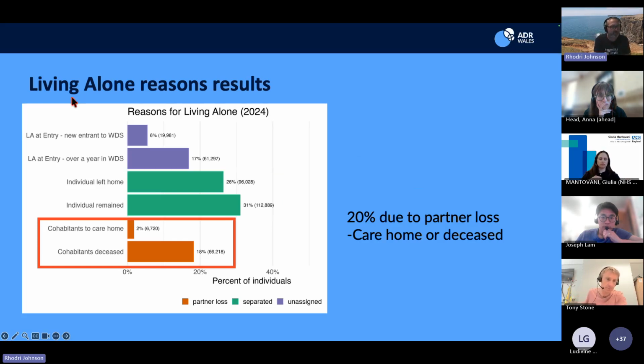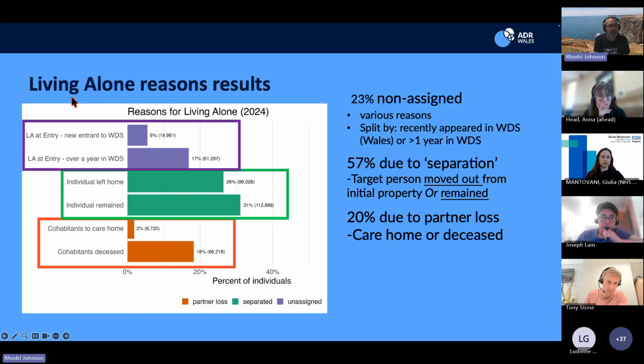And then we have 23% or so non-assigned for various reasons. And I've split that by whether they're a new entrant to WDS, which is equivalent to a new entrant to Wales, if we interpret that correctly, or they've been in Wales for a long time and for whatever reason, maybe missing the household information. We just don't know. That's where it gets blind, I guess.